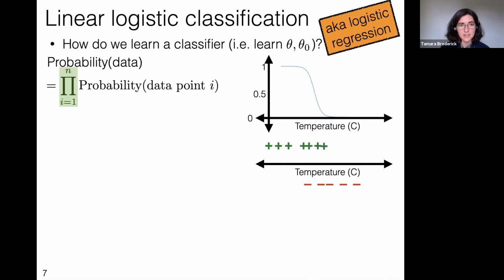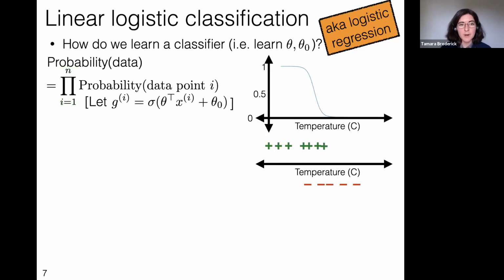It's just the same thing with this product symbol. We take the thing after the product symbol for i equals 1 and multiply it by the thing after the product symbol for i equals 2 and multiply it by the thing after the product symbol for i equals 3, all the way up to n. So we're just saying that the probability of all the data is the product over the probability of each data point, from data point 1 up to data point n.